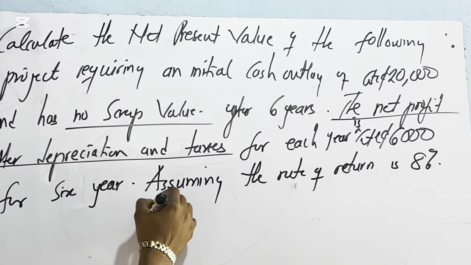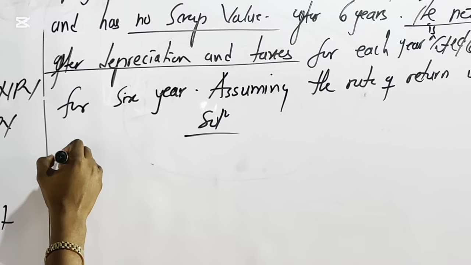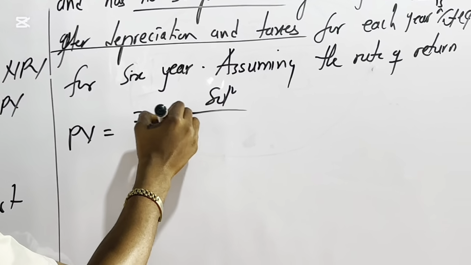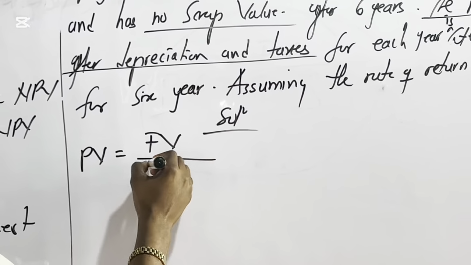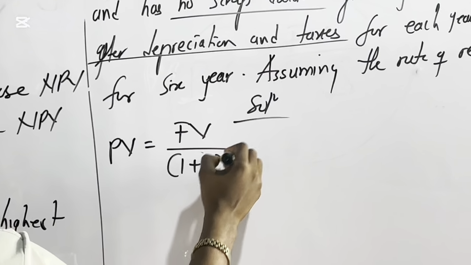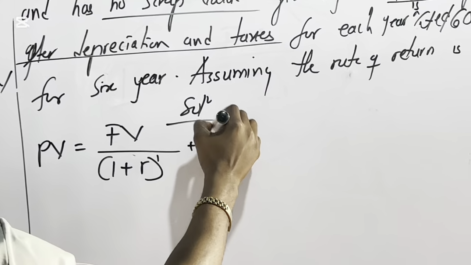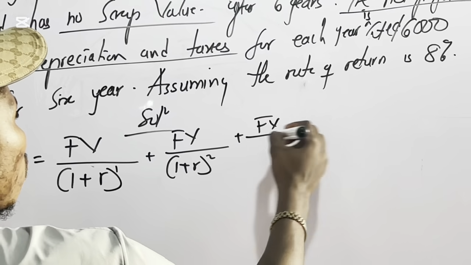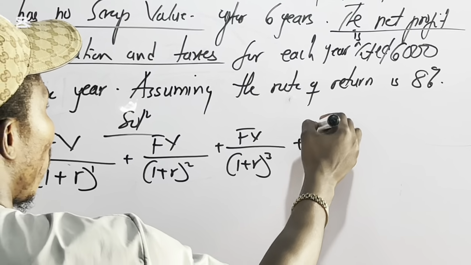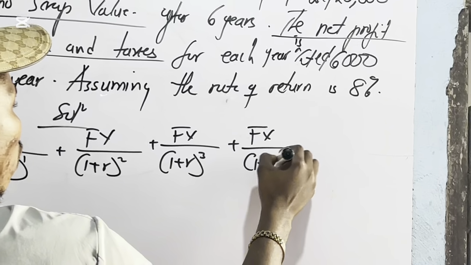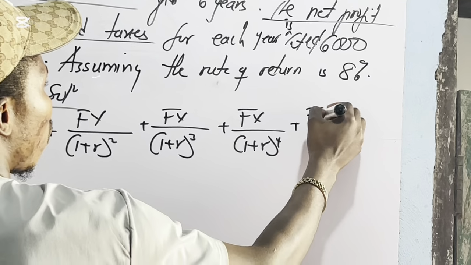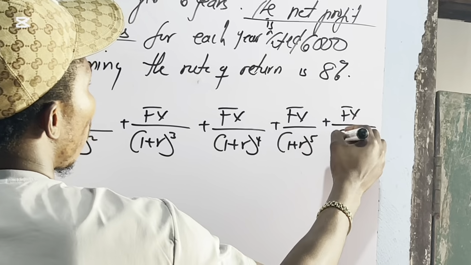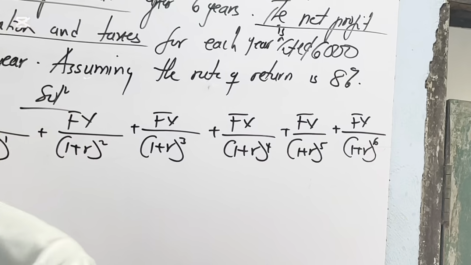So what do we do here? It's very simple. We know our present value as future value over 1 plus r raised to the power 1, plus future value over 1 plus r raised to the power 2, and so on up to the power 6.